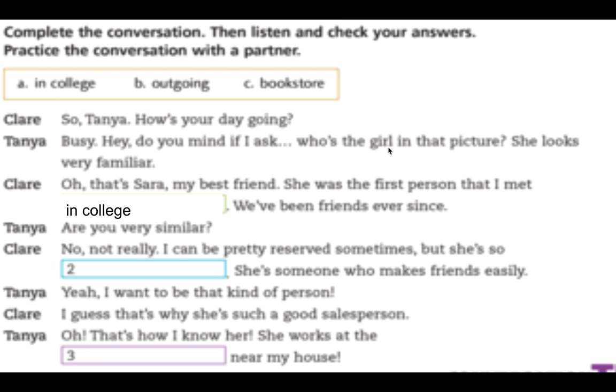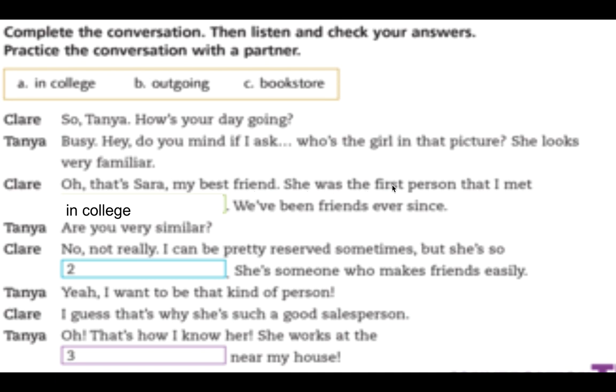So who's the girl in that picture? She looks very familiar. Familiar. I know her face. So I think I know her. Who is she? Oh, that's Sarah, my best friend.